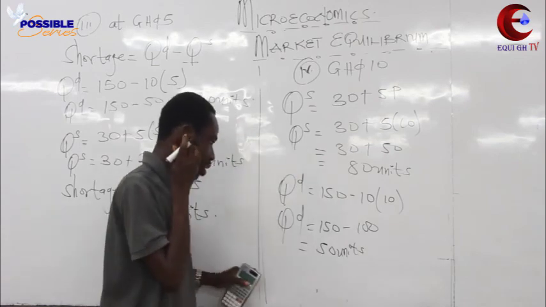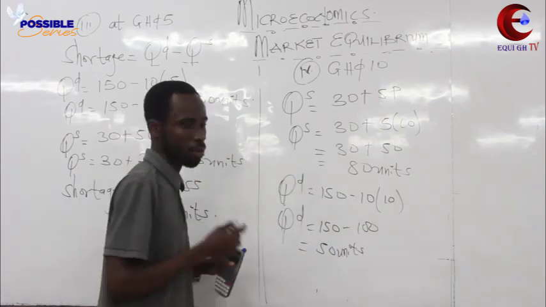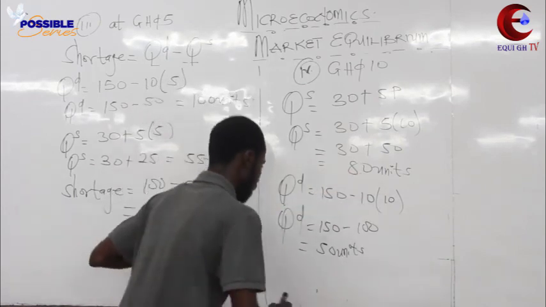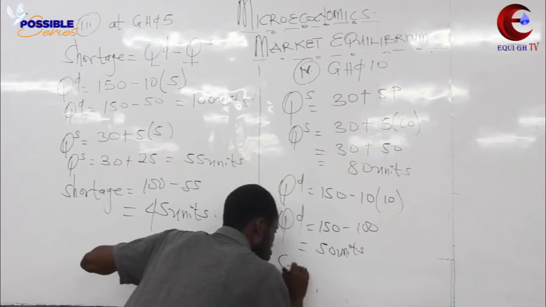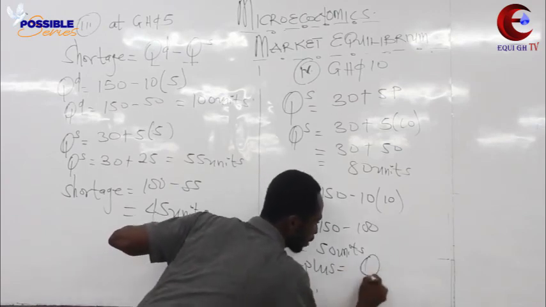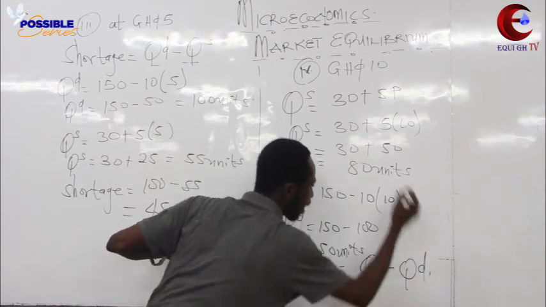And then we have 50 units for the quantity demand and 80 units for the quantity supply. So you can see that the supply is in excess of the demand, right? So straight away, surplus on the market is equal to quantity supply minus quantity demand.